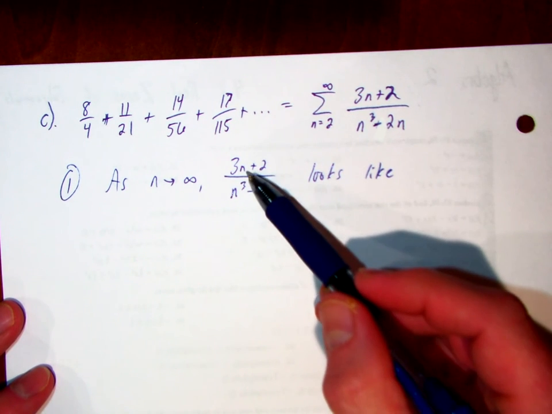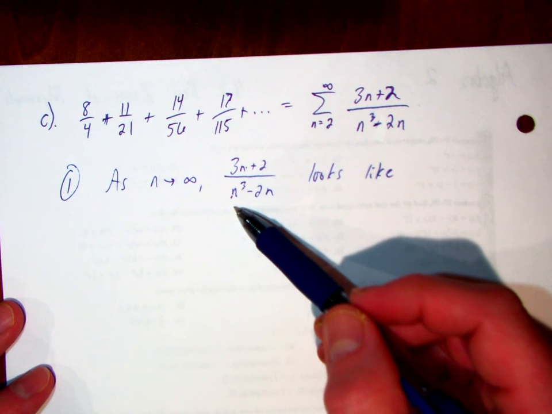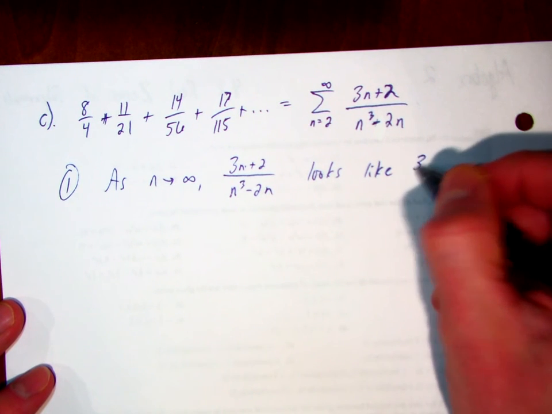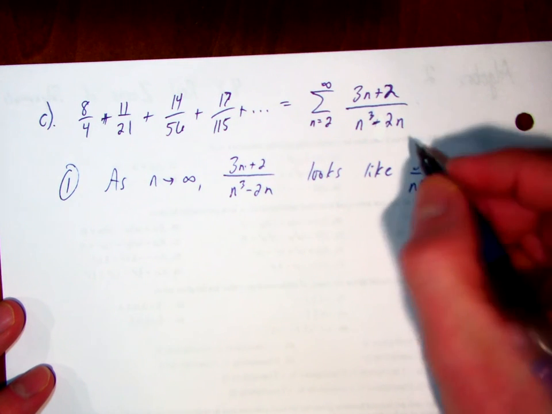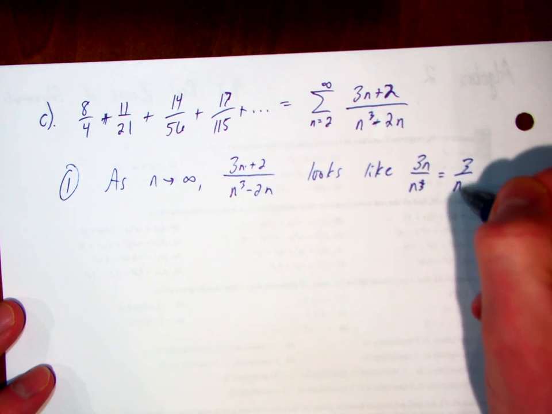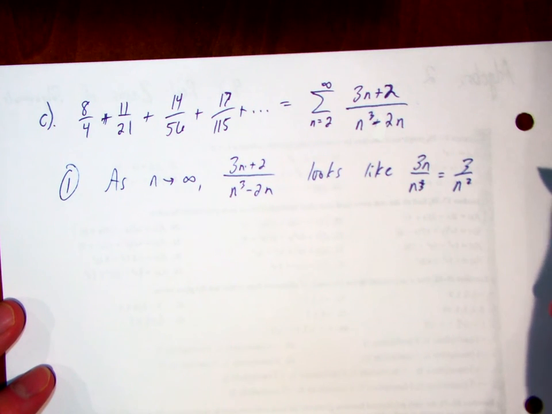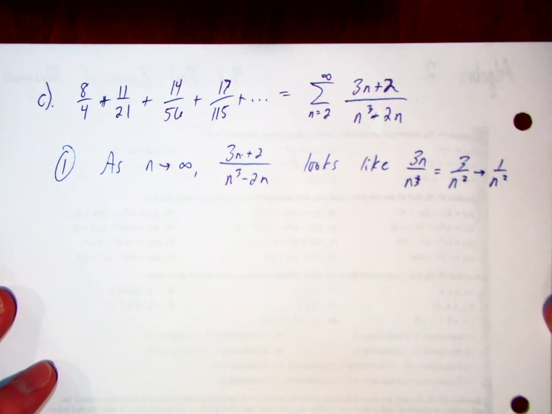Just look at the highest degree. It looks like 3n over n cubed. Cancel out the n's, and it's 3 over n squared, which is basically the same as 1 over n squared.